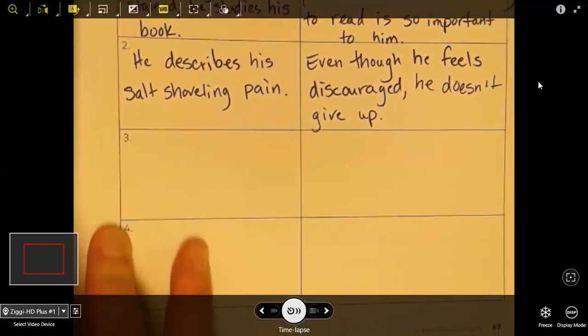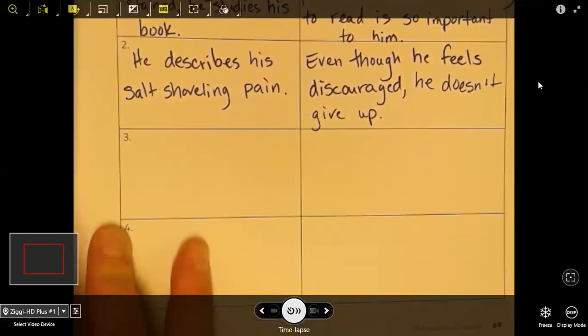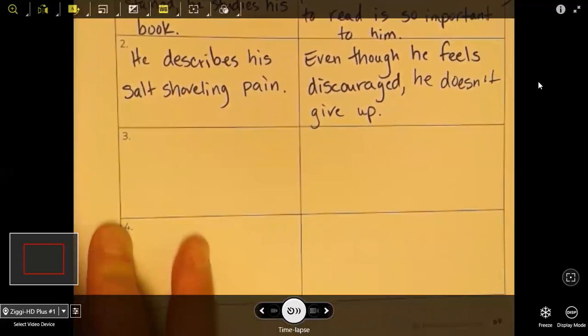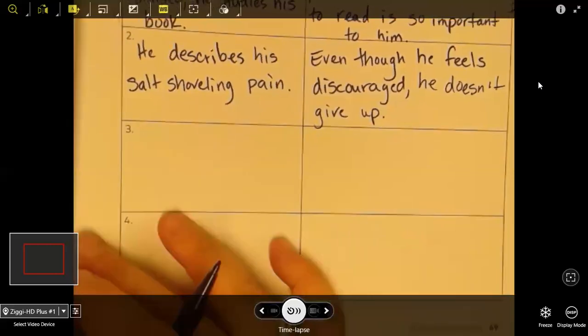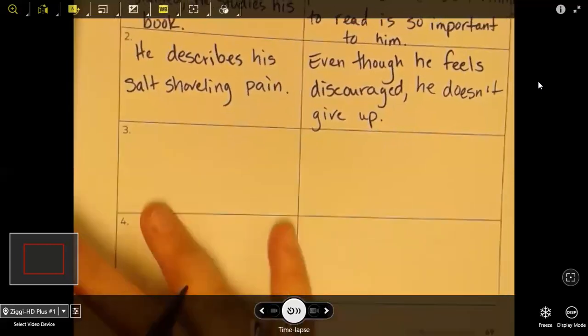Look at page 68, friends. Look at the text. Find a sentence for me on page 68 where it shows how we know this is super important. How's he gonna feel when he learns to read?